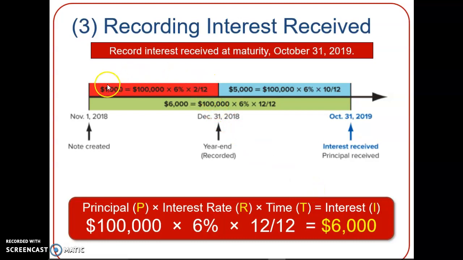However, we have already recognized the first 2 months in 2018. So we're only going to recognize the 10 months, which is $5,000 of interest revenue for 2019.